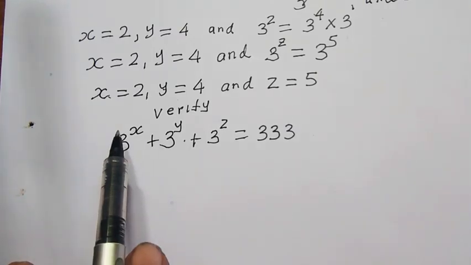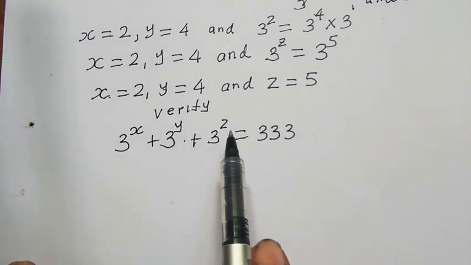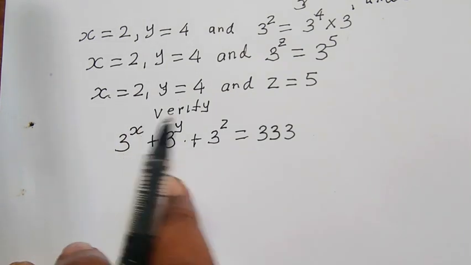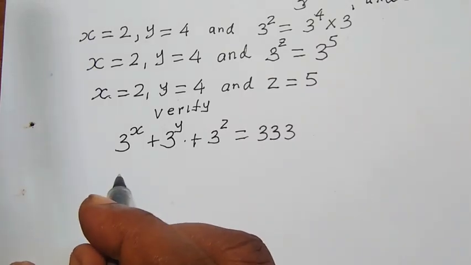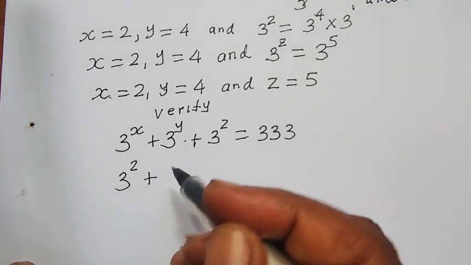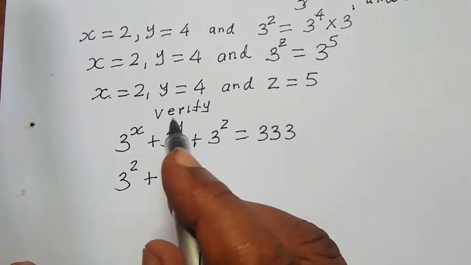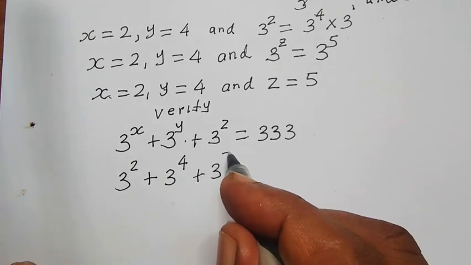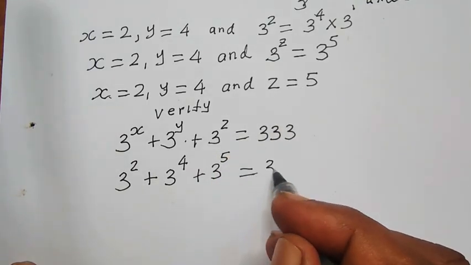Substitute the value of x here, the value of y here, and the value of z here. Let's check if the left hand side would be equal to the right hand side. So we have 3 raised to power 2 plus 3 raised to power 4, which is the value of y, plus 3 raised to power 5, which is the value of z, equals 333.